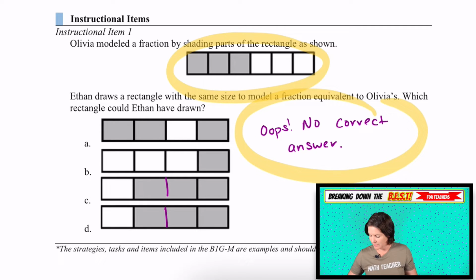It also didn't come with these. I just added those little lines to break them into fourths right there. So I think this was a mistake, but what I think they were trying to do is probably if they just went like this and created 2/4, that would have made this one right here a correct answer.